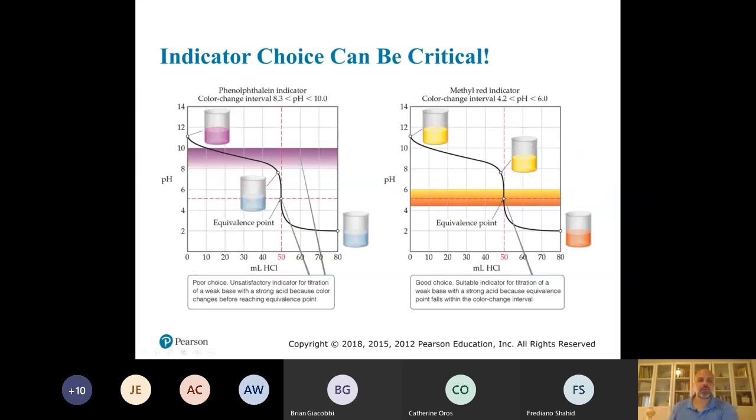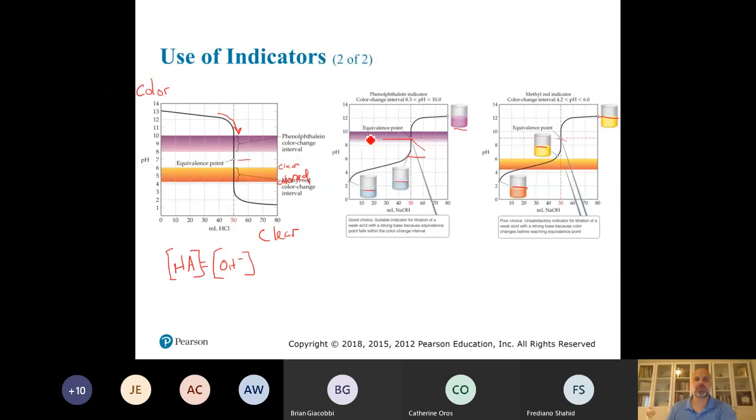So here's a slightly different titration reaction. For this titration, we're titrating a weak base. We're starting with a weak base at the top, and we're titrating down with a strong acid. So going in the opposite direction, unlike the previous example where phenolphthalein worked great when we titrated a weak acid with a strong base, but methyl red did not work.